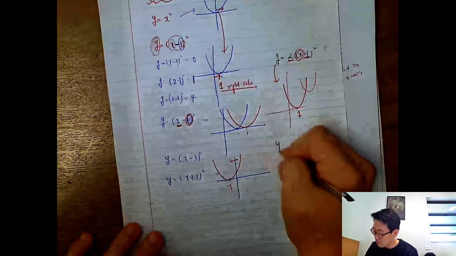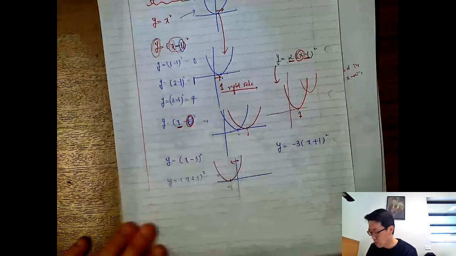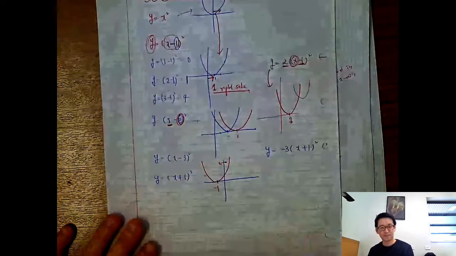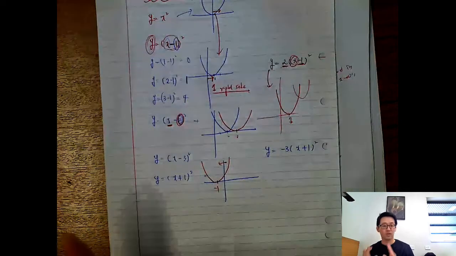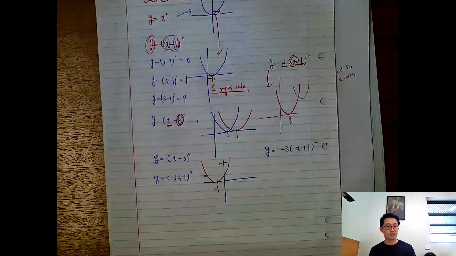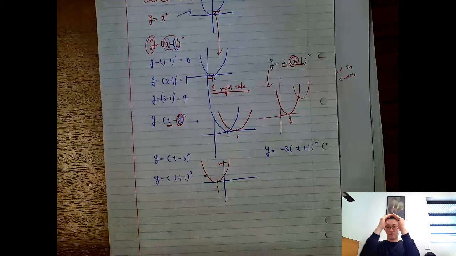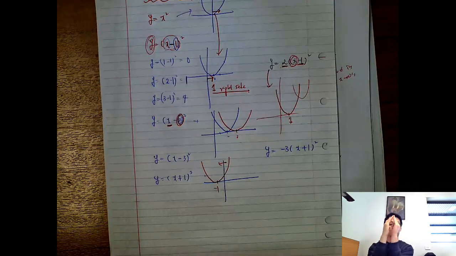What about y equals minus 3(x plus 1) squared? If I draw that, the first thing, you look at a first. Minus 3 is negative, so not this way. Yes, that's the reflected form. The dilation factor is 3, so it's narrower.